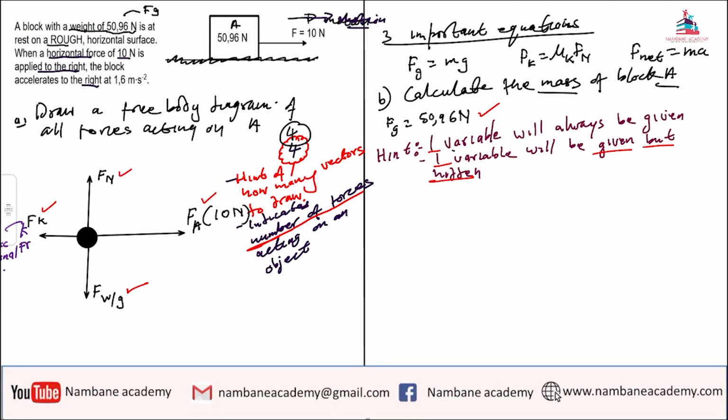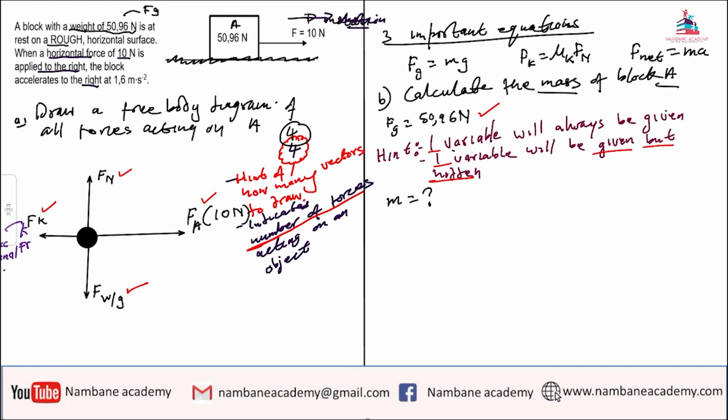What is the question? The question is the mass. What other information do I need now? Do you see? I must go and hunt for that one variable that will be given, but it is hidden.